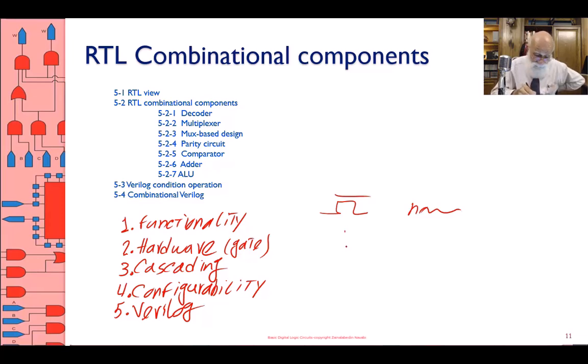I made a NAND gate, and then I showed you the Verilog description of the NAND gate. I also showed you an assign statement, a different way of writing a NAND output, tilde of A and B.